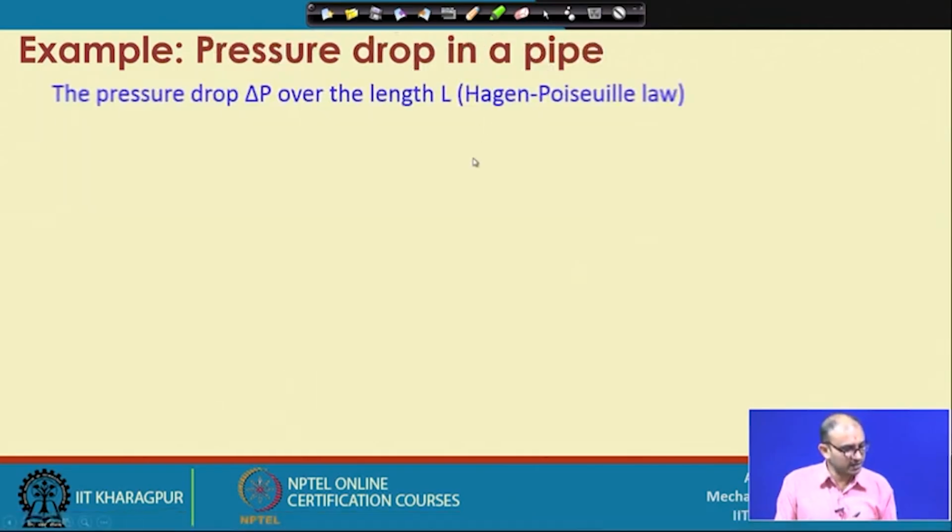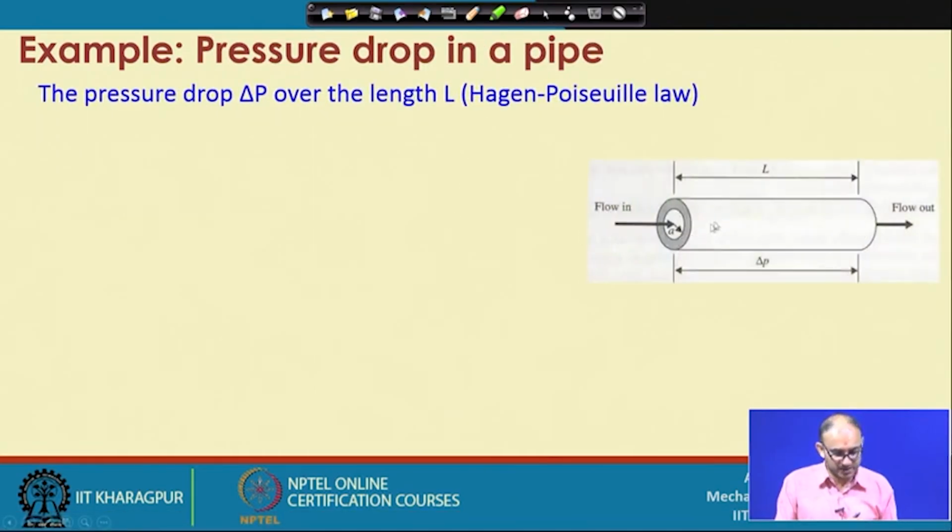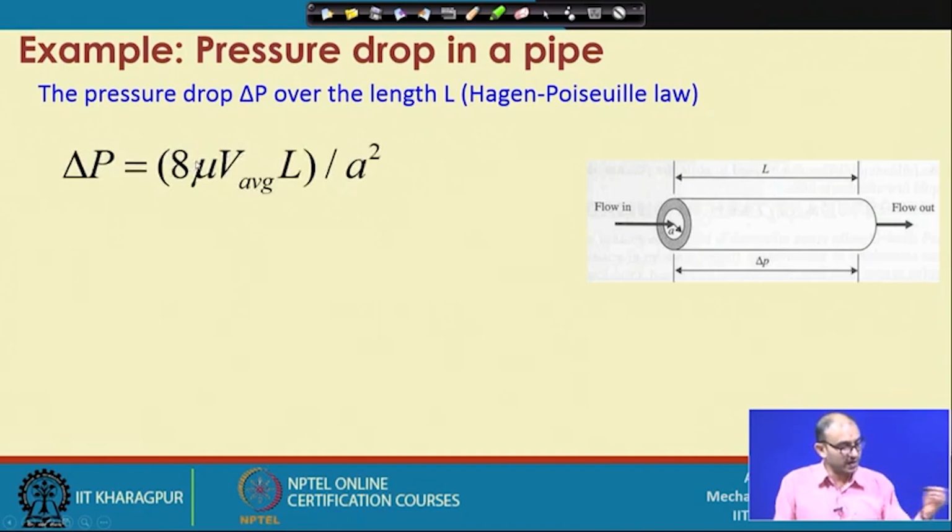Coming to the pressure drop, again we can use the same formula, same example. Now we want to see how much is the pressure drop between these two parts. You can calculate the pressure drop from the earlier equation, from delta P, and the final equation comes as 8 mu V average L divided by A square.